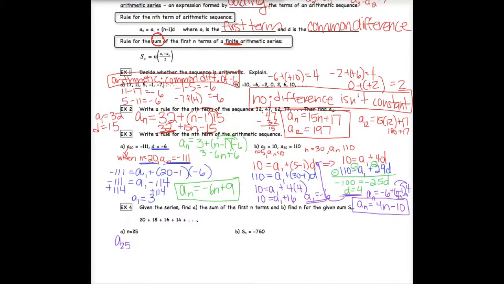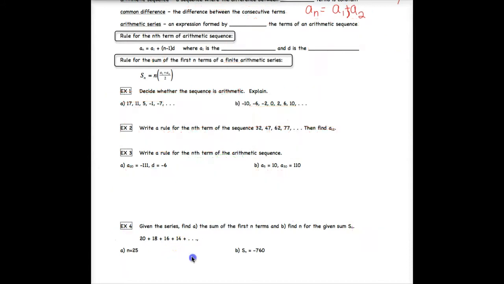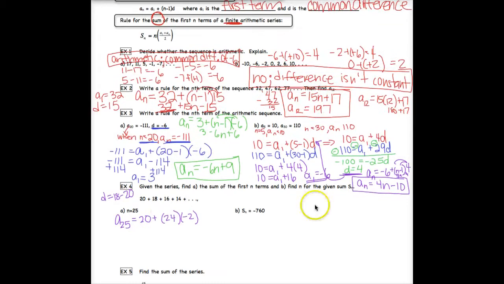I can use this formula, a sub 25 equals, so a sub 1 is 20, plus n minus 1, so 25 minus 1 is 24, times d, 18 minus 20 is negative 2, so that's my common difference. So 20 plus negative 48 is going to give me negative 28. So my 25th term would be negative 28.